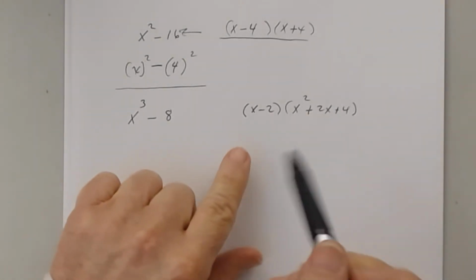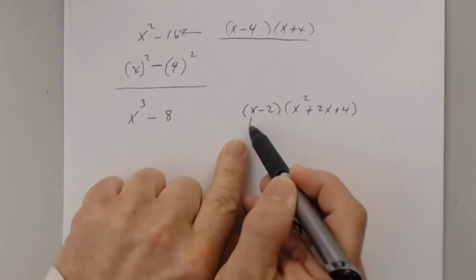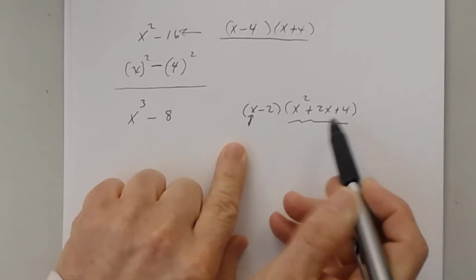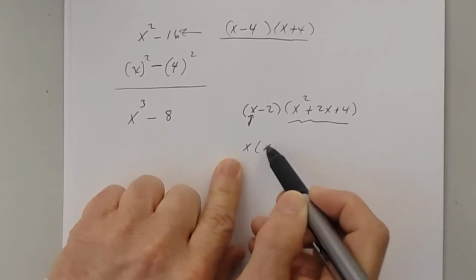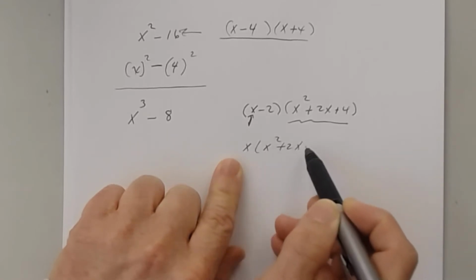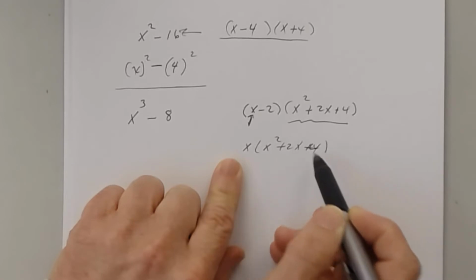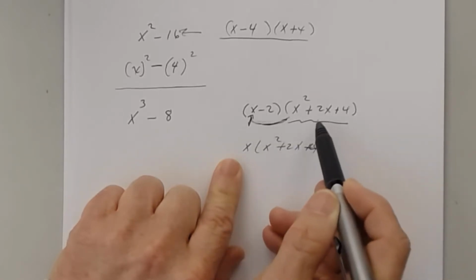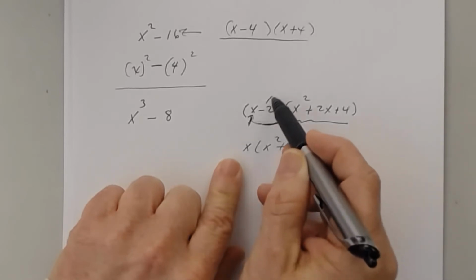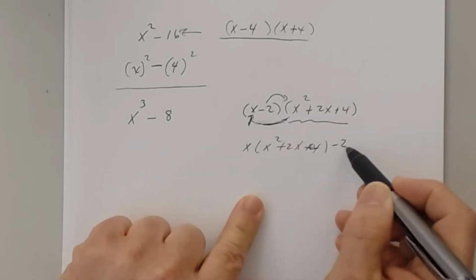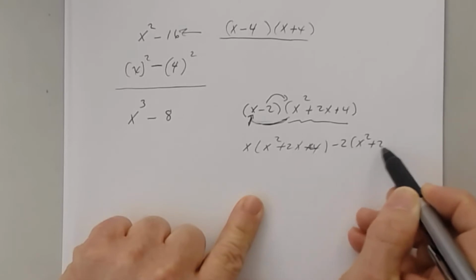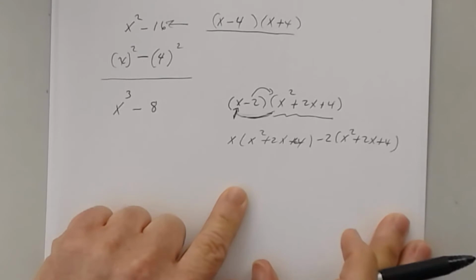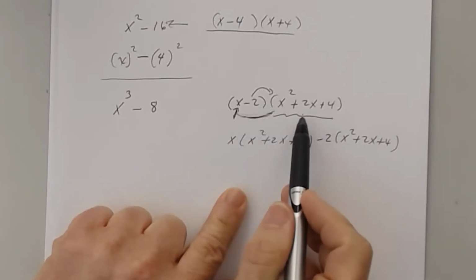So the way to do this is this. You're going to take the first term here, and multiply by this trinomial. So write this down. You're going to say x times x squared plus 2x plus 4. So you're distributing, basically. Then you're going to say minus 2 times x squared plus 2x plus 4. That's what you did last semester when you had a binomial times a trinomial.